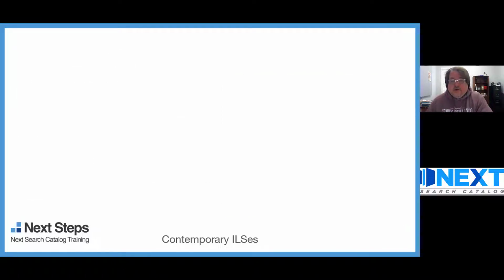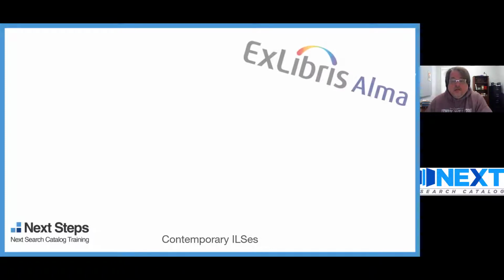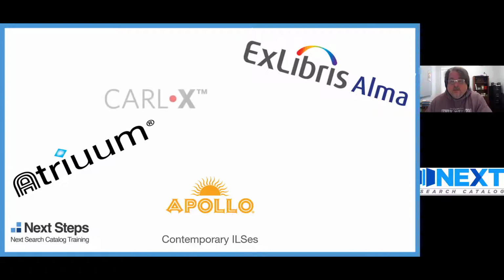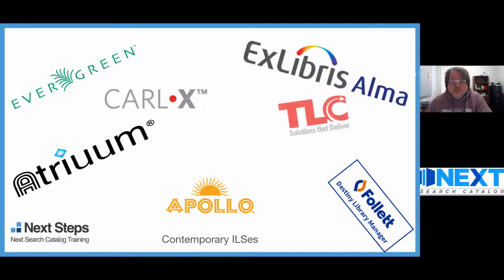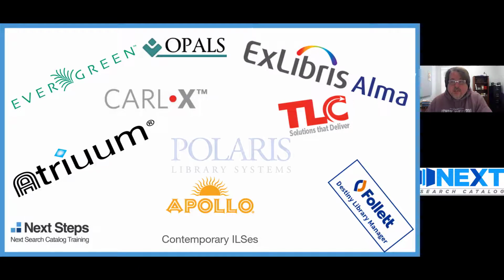And currently, there are a whole lot of ILSs out there in the library world. So some names you might hear from time to time in your library career include Alma, Apollo, Atrium, Carl, Destiny. Destiny is widely used at school libraries. Evergreen, Library Solutions is made by a company called TLC. Opals is widely used in church libraries.